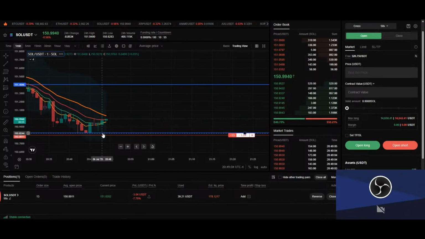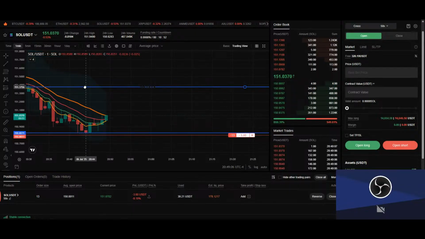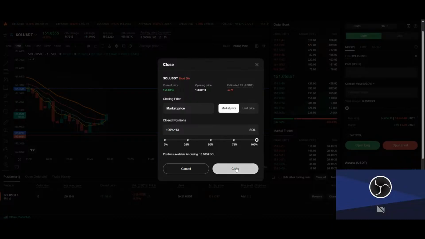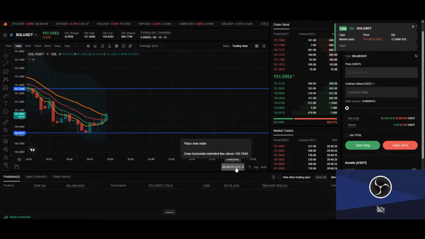Our squeeze is still happening down, but you can see the order book over here has been going back and forth, back and forth. I could leave this open, but for the sake of clean stuff, we'll just close this, take this little loss. It doesn't really matter at all.